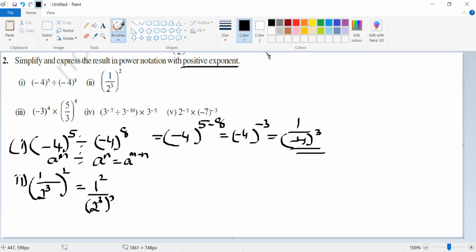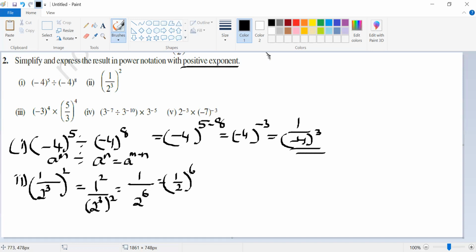A raised to m whole raised to n has come here. So 1 raised to 2 is 1 only. 1 by 2 raised to what will come? 3 into 2, 6. So the answer is 1 by 2 raised to 6, or you can write this as 1 by 2 whole raised to 6.